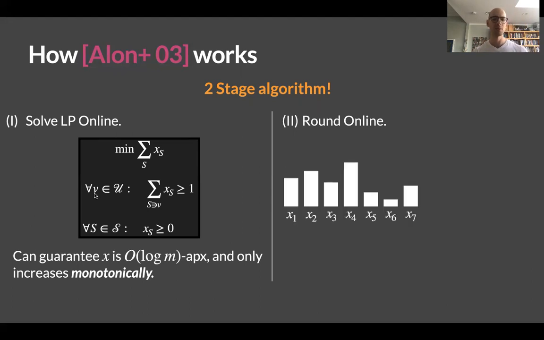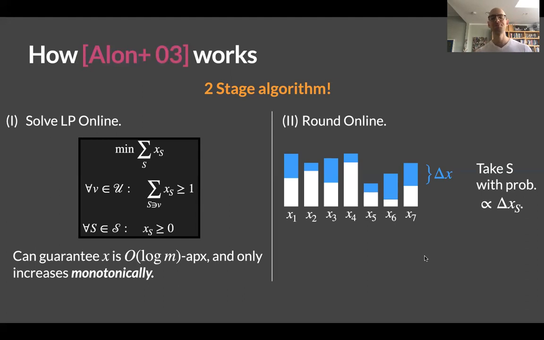And this guarantee is somewhat magical because it allows you to round online in the following sense. So if this is your vector X at time t, and this is your vector X at time t plus 1, because of the monotonicity property, the delta is only ever positive. What you can do is take each coordinate S with probability that's only proportional to the change delta X_S.